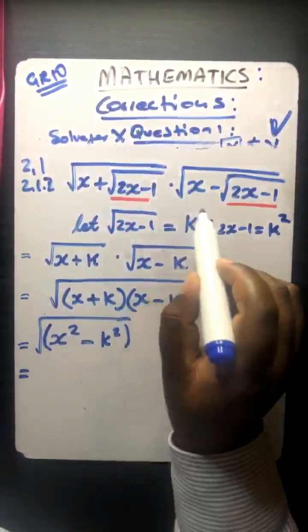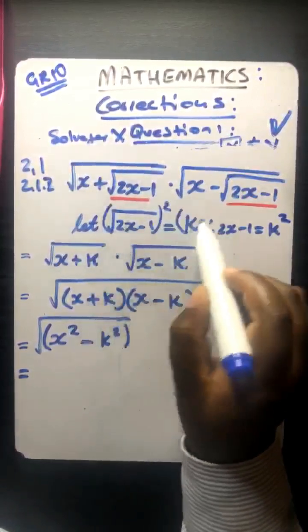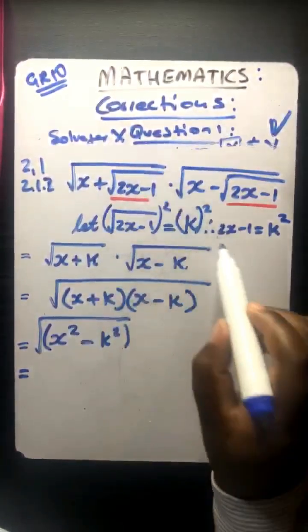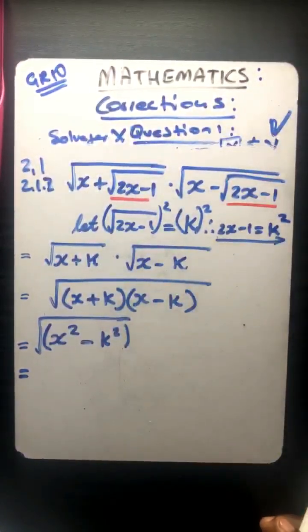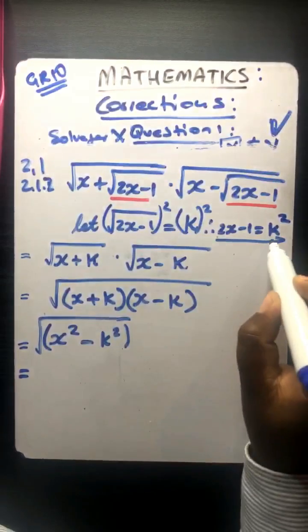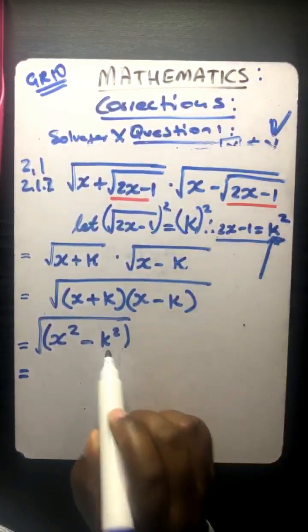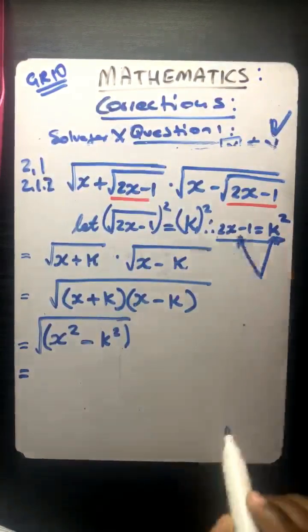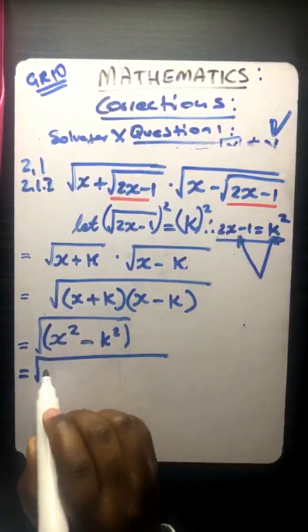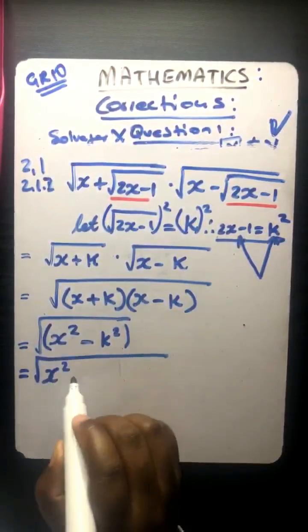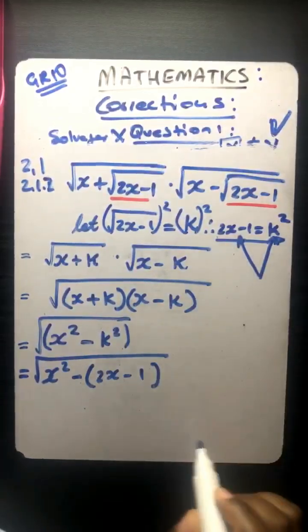Because you square this side and you also square that side. That's how you remove the square root. The question is, why did I do that? I did it because I wanted to take k squared, because I see it there, and substitute it with that. So I'm actually going to have x squared minus, substituting k squared, which is 2x minus 1.